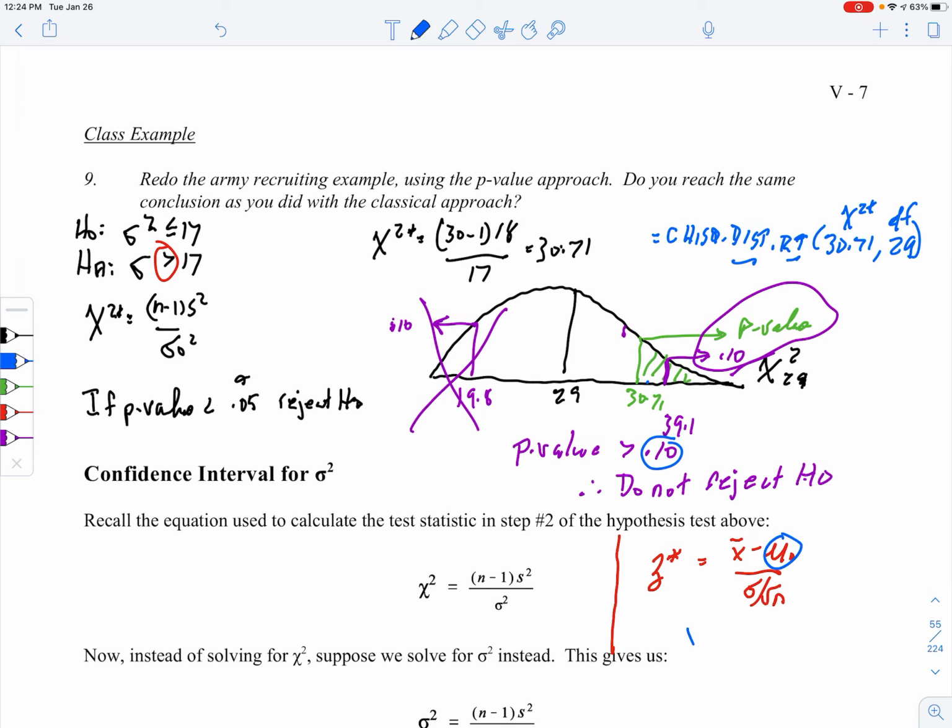We would say it would be an x bar value plus or minus a z value based on alpha over 2 times sigma over the root of n. And of course that could change if it's a t distribution, and you'd use s, and there could be an FPC factor, the same kind of stuff that we talked about before.